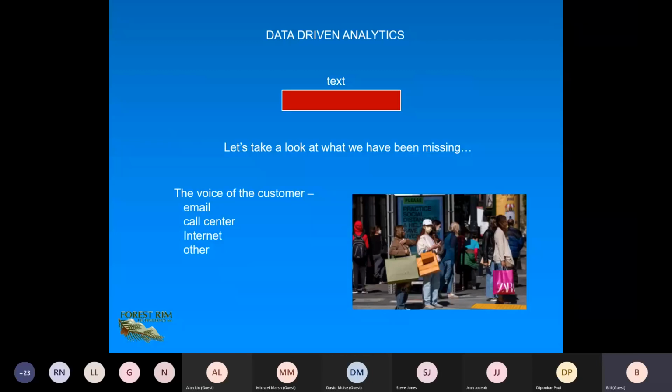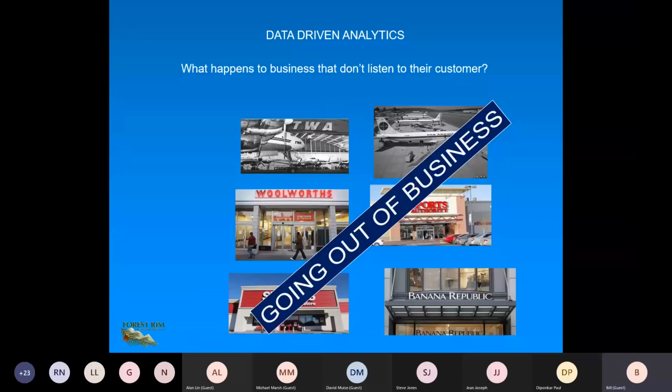This is where a business listens to its customer. And where do we find the voice of the customer? We find it in lots of places. We find it in email. We find it in call centers. We find it on the internet. There is just a wealth of places where we find information about the voice of the customer.